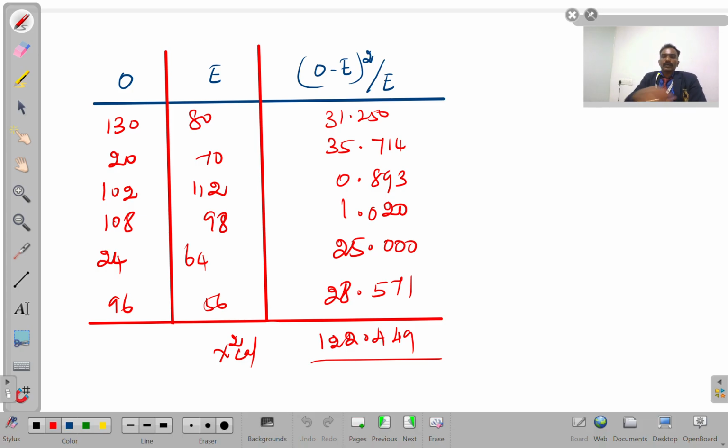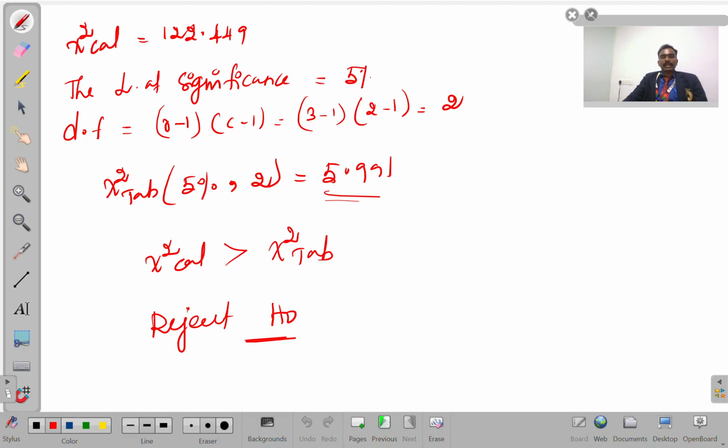Once you find the expected values, find the chi-square calculated value, then the chi-square table value, then finally write the conclusion. So in this lecture, we have learned the concept of the chi-square test for independent attributes. These two problems will be helpful for solving other problems also. Okay, thank you.